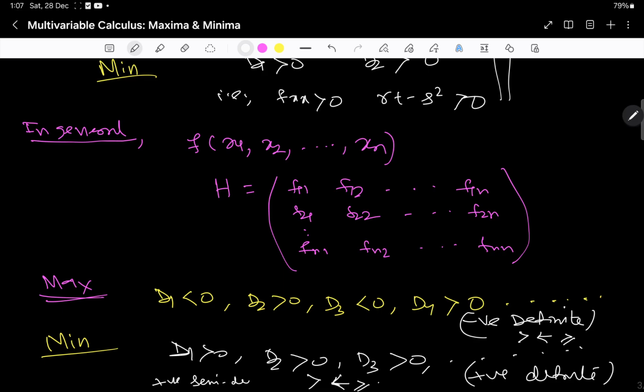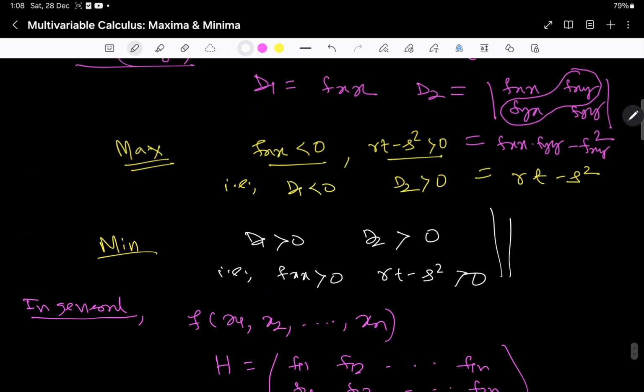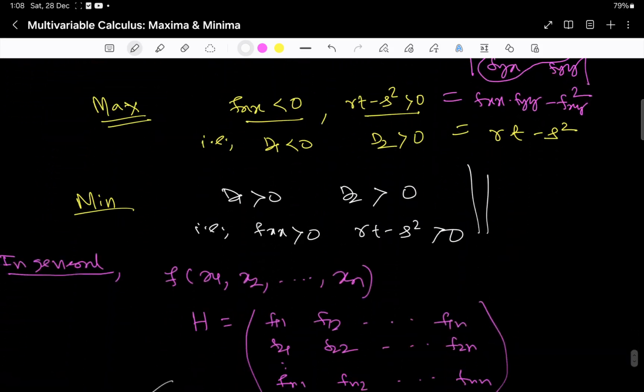Similarly, if the less than sign is replaced by less than or equal to, and greater than by greater than or equal to, then it is called negative semi definite. Similarly we can extend it to n variables, but at your level up to 3 variables is enough.